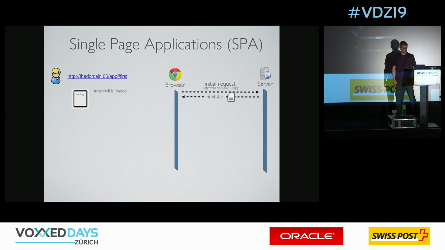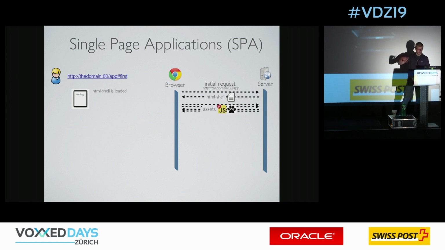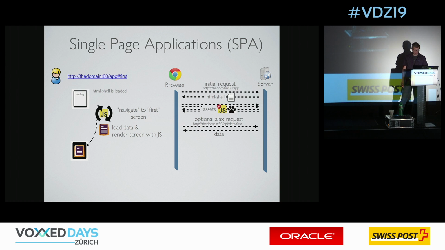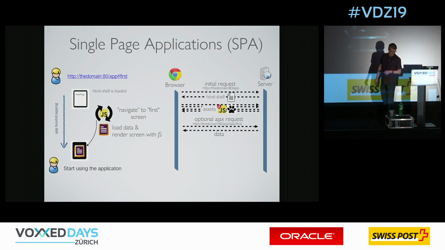It's typically just a shell. It is used to deliver the whole application into the browser by requesting more assets, specifically JavaScript bundles, then executing these bundles, rendering the screen on the client, and finally putting this screen into the DOM so that the user can see it and start interacting with it. That's the concept of single-page applications.